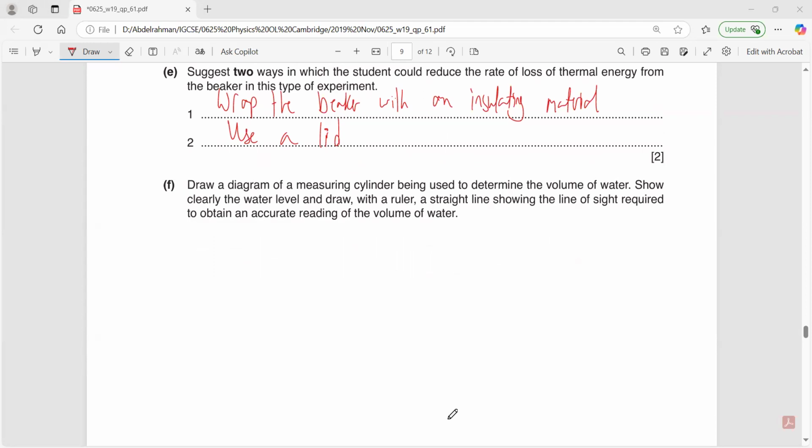Coloring the glass wouldn't affect the rate of cooling that much. The lid would definitely affect it way more, and so would trapping it with insulation.